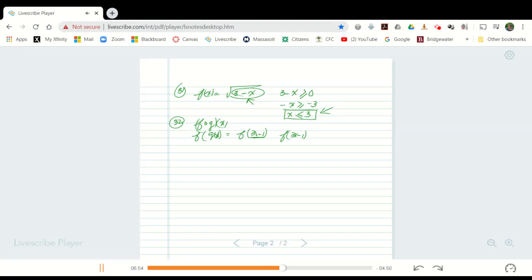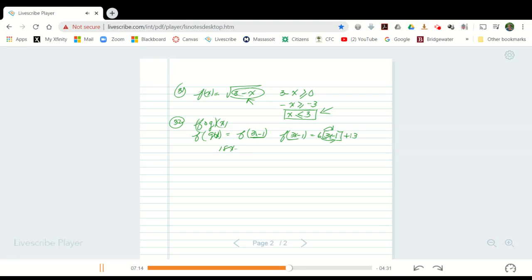Wherever I see x in the f function, what's the f function? It's 6 times x. All right, 6 times x, but x now is 3x minus 1. And the f function says after I do that, I'm to add 13.